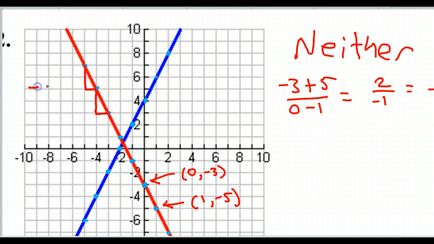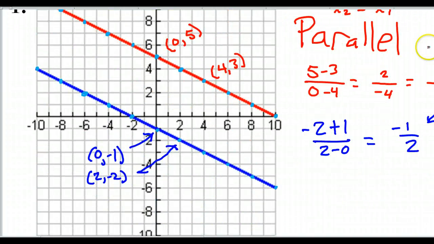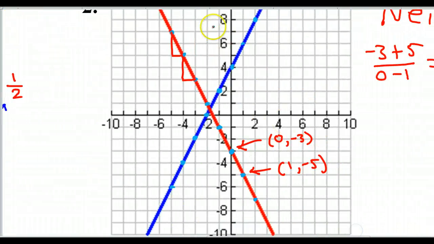So looking at it that way, -2 over +1, that's still going to give me a result of -2, same slope. So just another way to think about it. Alright, let's look at the blue line now.